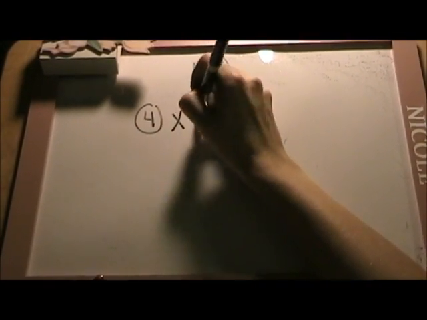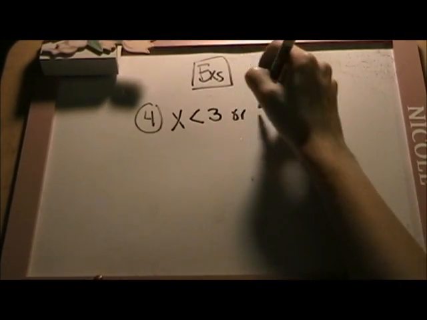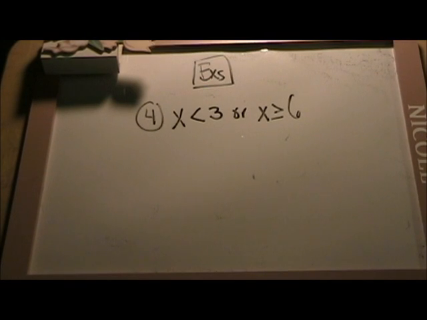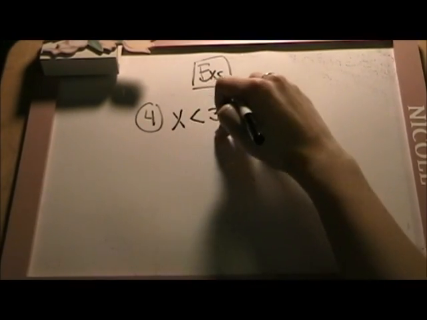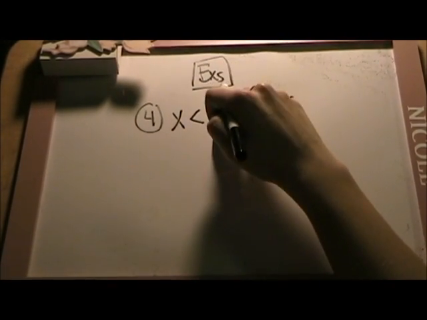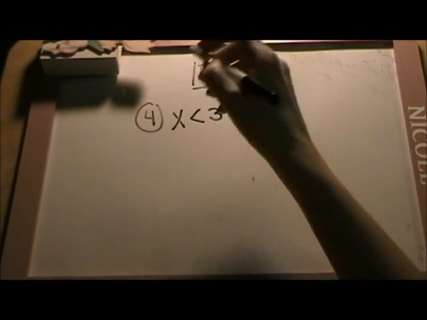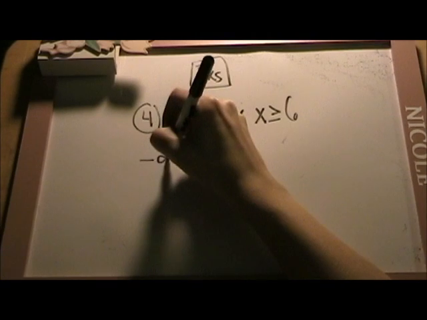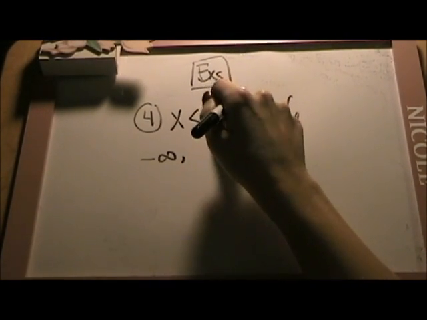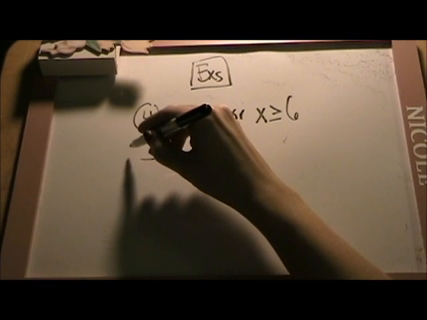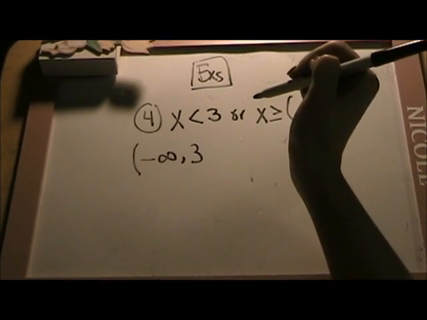Let's say x is less than 3 or x is greater than or equal to 6. Okay. So start with the first one. X is less than 3, so 3 or smaller. So my smallest values are going to be -infinity. My largest value is 3 because we want to be 3 or less. -infinity always gets parentheses.